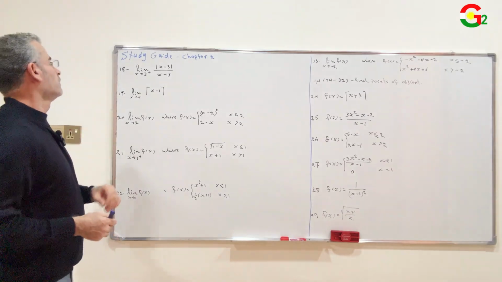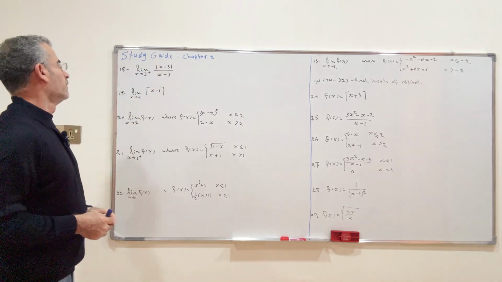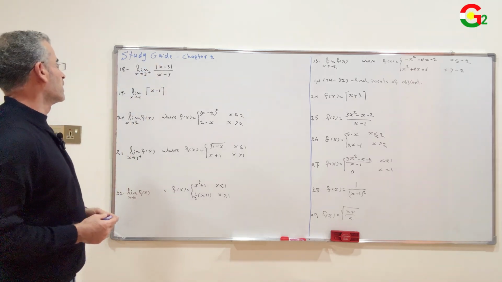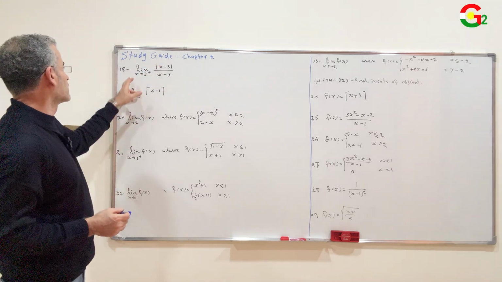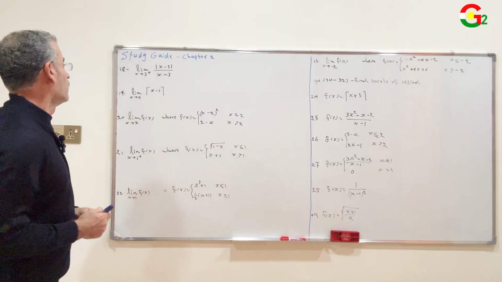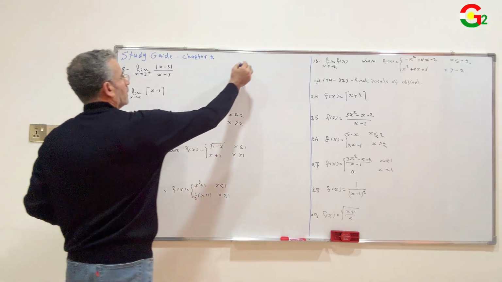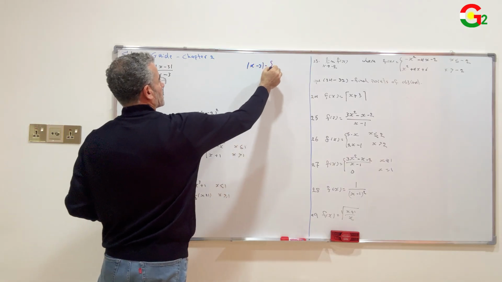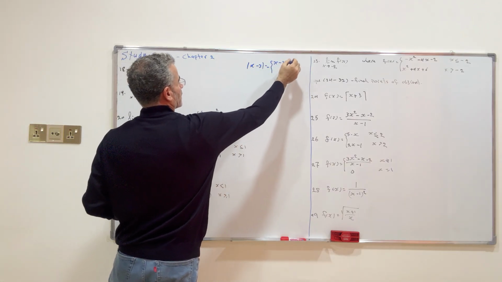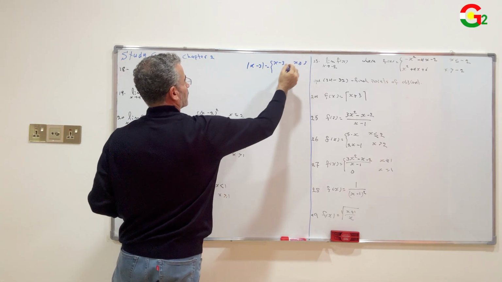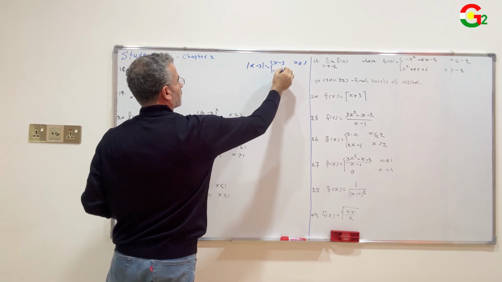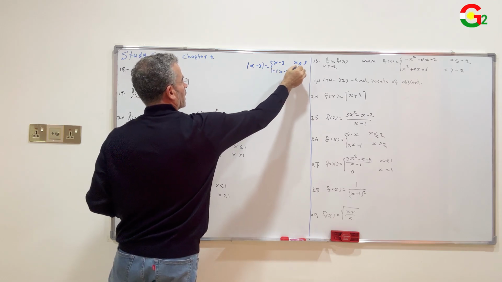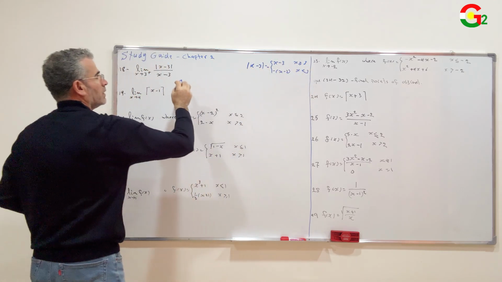Question number 18: find the limit of absolute value of x minus 3 over x minus 3 as x approaches 3 from the right. Redefine the absolute value of x minus 3: it is x minus 3 when x is greater than or equal to 3, and negative (x minus 3) when x is less than 3.